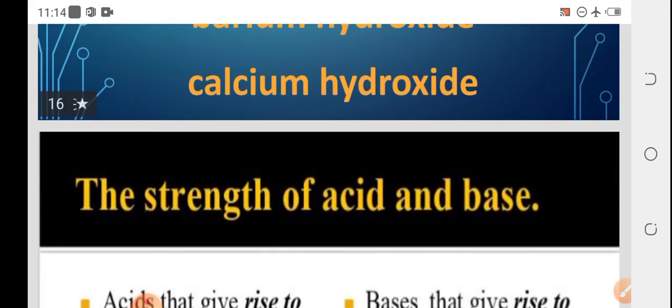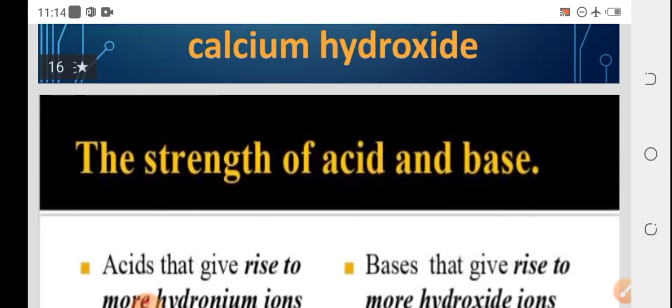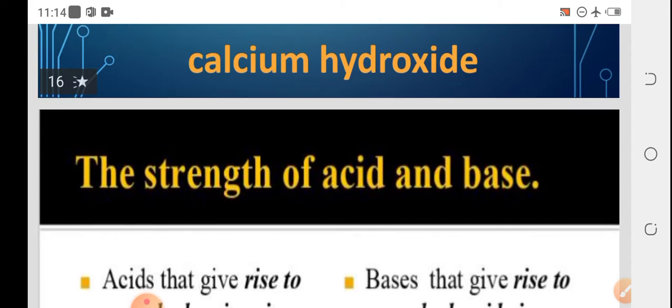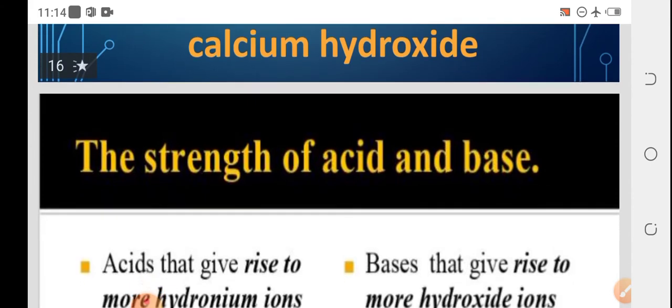Based on this, we concluded about the strength of acids and bases.